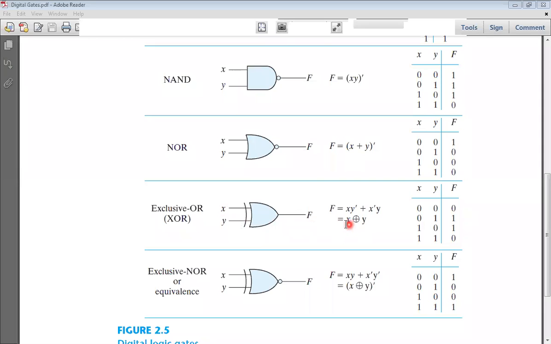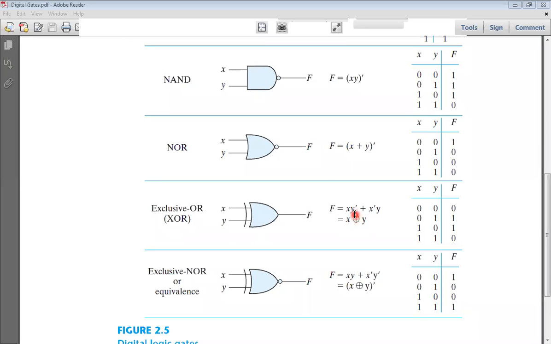And the operation for exclusive OR is this actual expression: x y bar plus x bar y. Y bar is y complement. F equals x y bar plus x bar y. Since it is a burden to write this whenever it is needed, we have given one symbol here, x exclusive OR y.